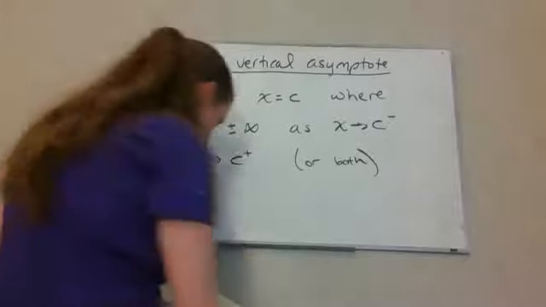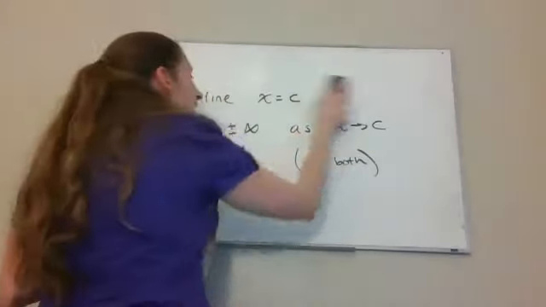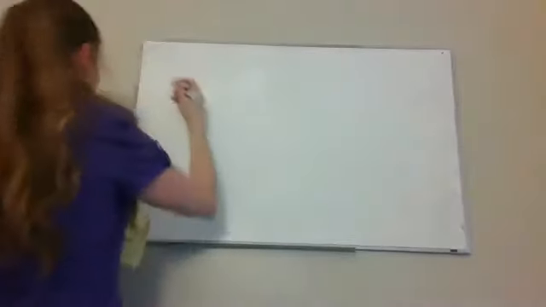Now, how do we find these vertical asymptotes? Well, vertical asymptotes show up when you end up dividing by 0.